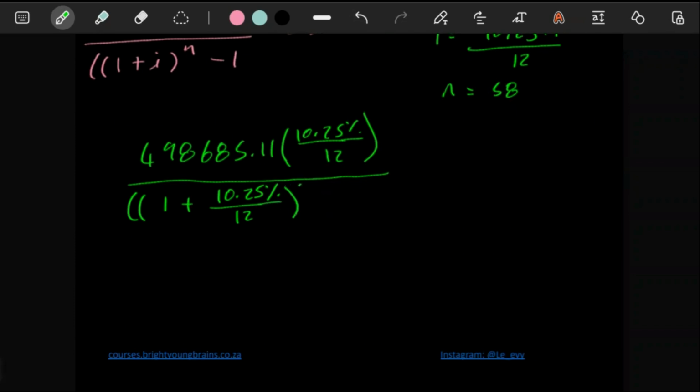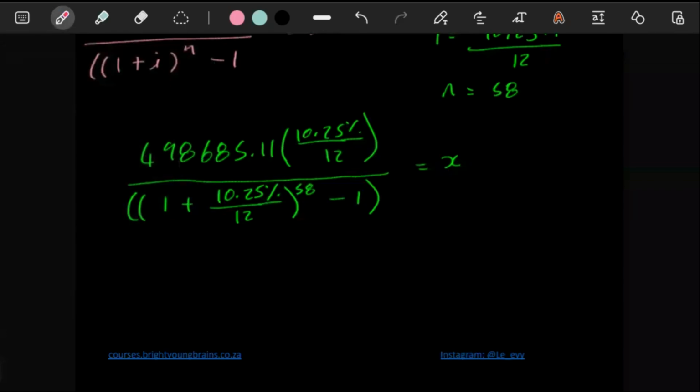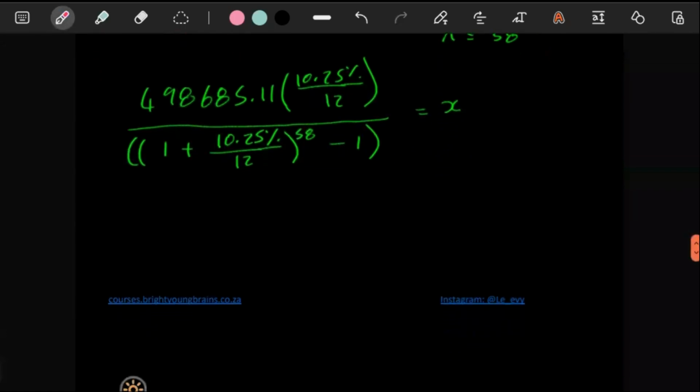What is n? n is 58, then minus 1 here. This is definitely the way we like it. Then what are you going to do now? You're going to put everything in the calculator, my guy. You want to put it all in nicely, because you have worked very hard to end up where you are. So do not hesitate. 10.75, wait, let me check here.